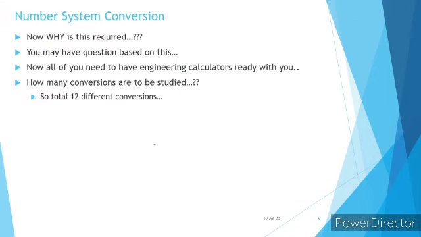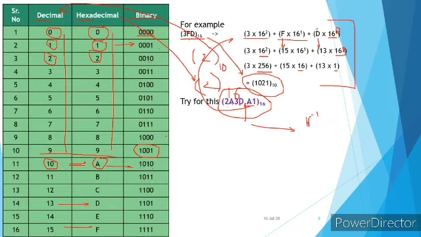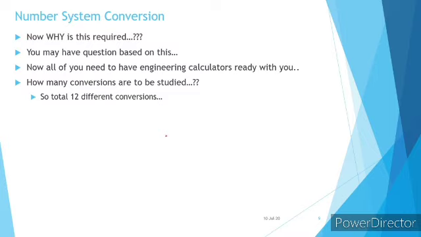Now as we have discussed all the number systems, let us move ahead and see number system conversion. Why is this required? We already discussed that we understand a certain language, and the computer understands a different language.